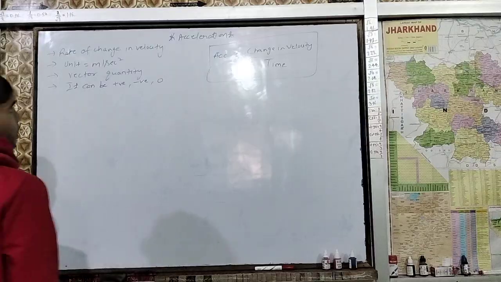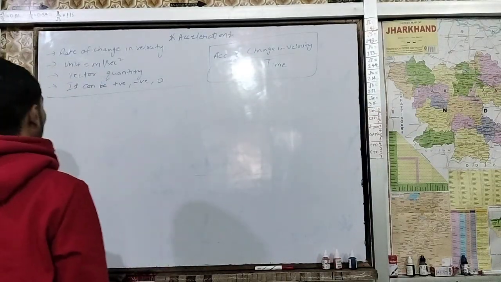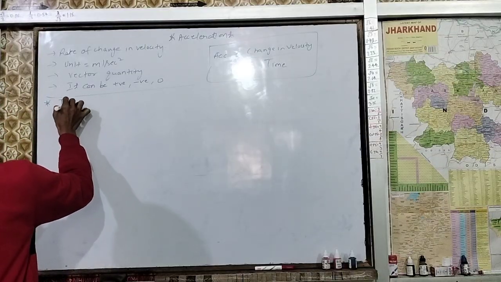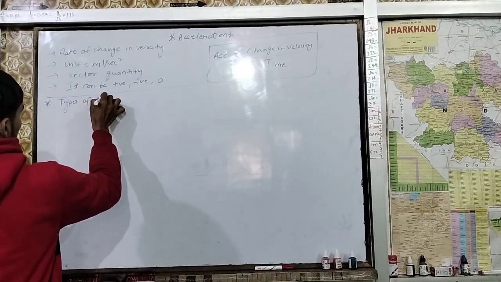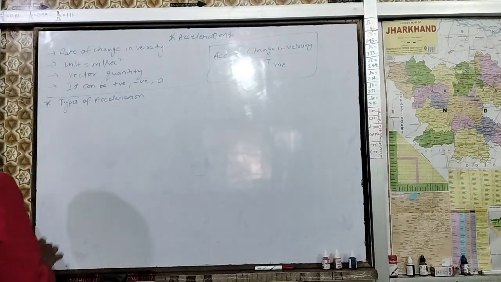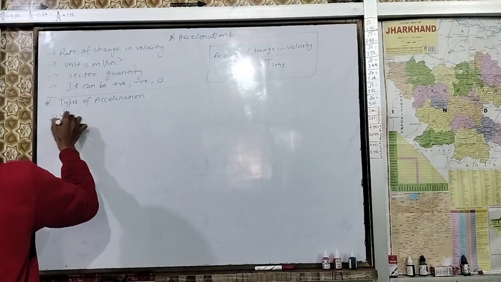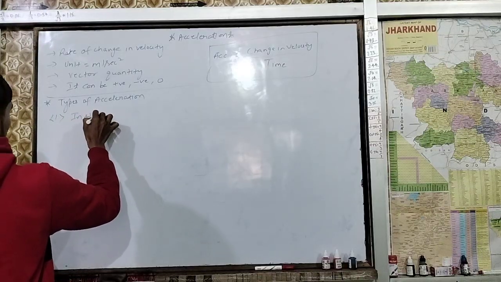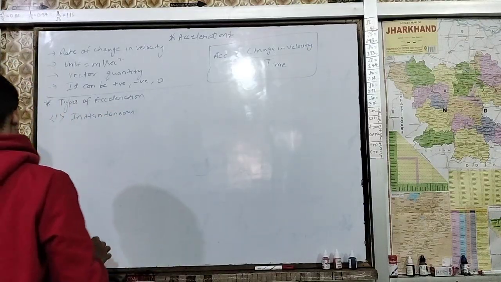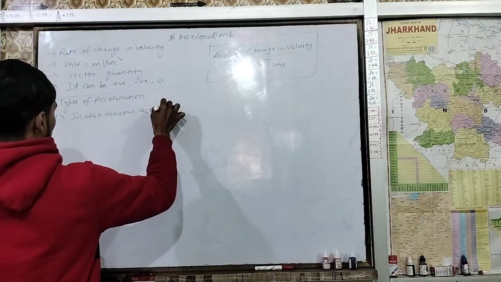Now let's come to the types of acceleration. This was about the definition of acceleration. We start with the first type, which is instantaneous acceleration.